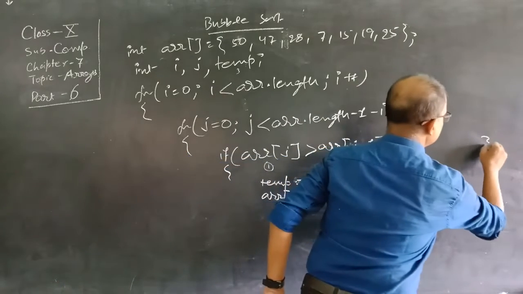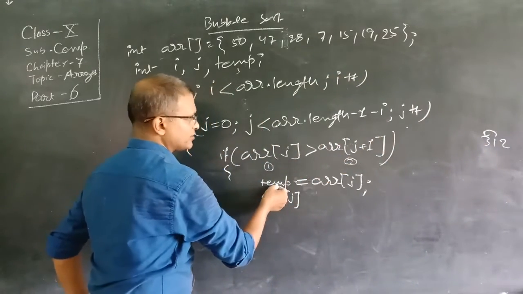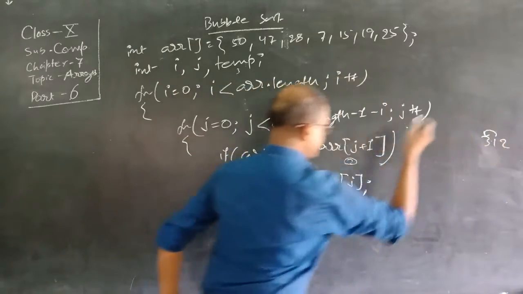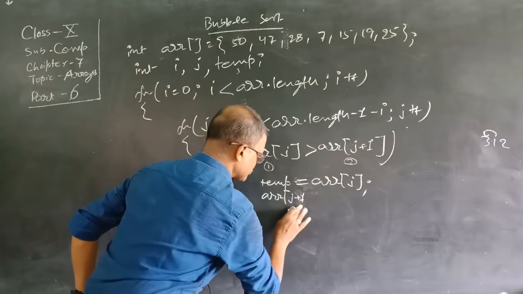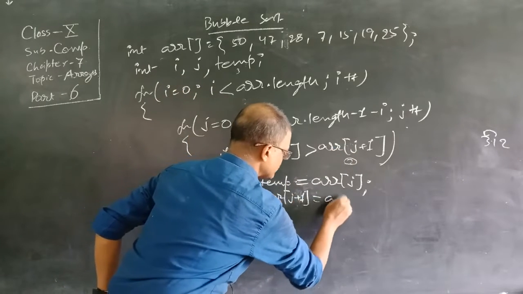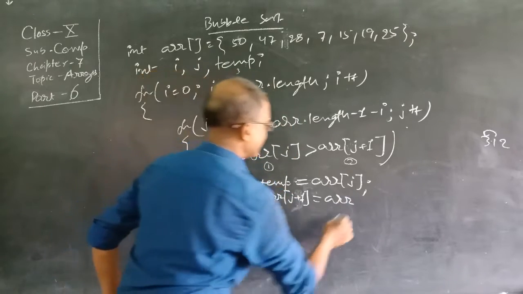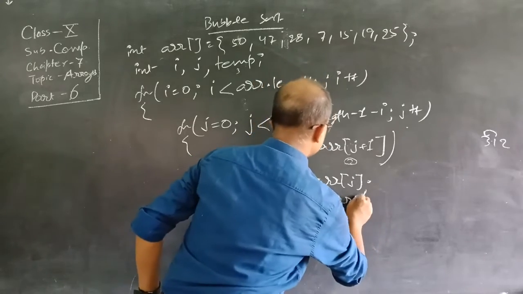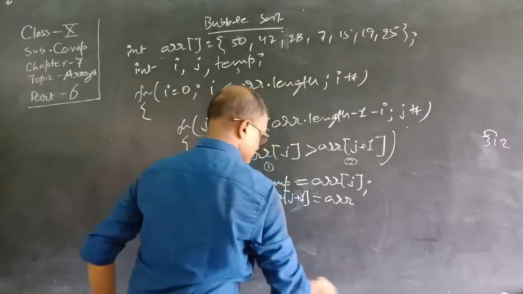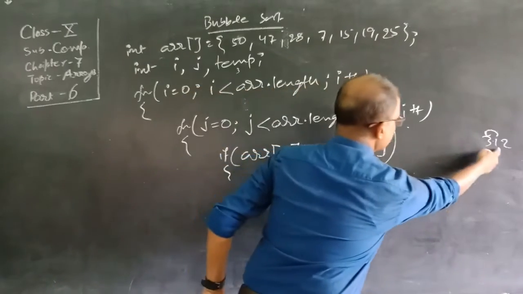according to 312, first is to be stored in third, so first has been stored in temp.